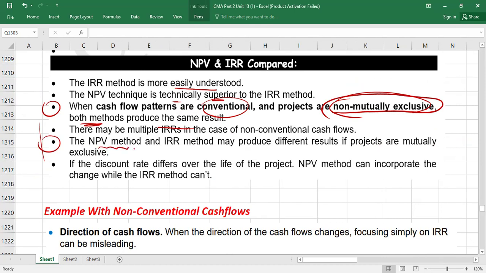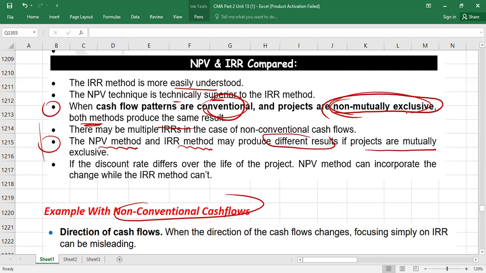The NPV method and IRR method may produce different results if projects are mutually exclusive and cash flows are non-conventional. Here, if cash flows are conventional and projects are non-mutually exclusive, both methods will give you the same decision.